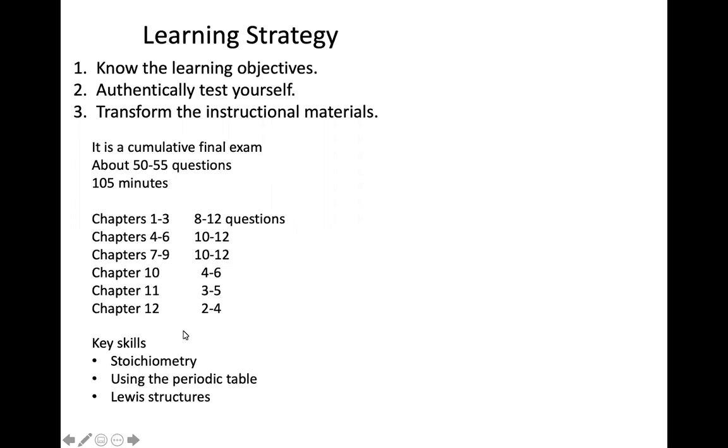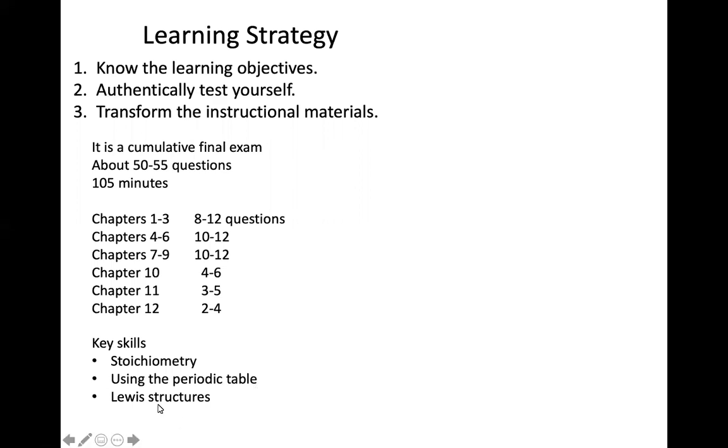If I think about key skills, things that show up across chapters, well, stoichiometry certainly does. That showed up in chapter 3, and then we use it in several other chapters after that. Using the periodic table, we began doing that, I want to say, in chapter 2, and it's been showing up again and again. So being able to use a periodic table, get electron configurations, think about different periodic properties, that's a skill that shows up multiple times.